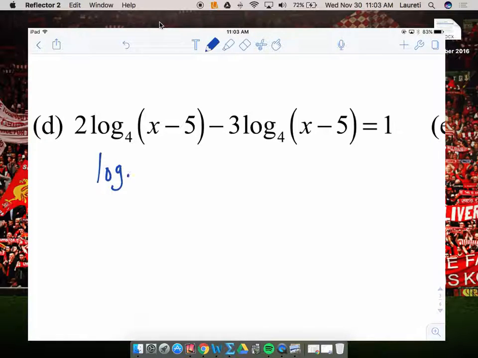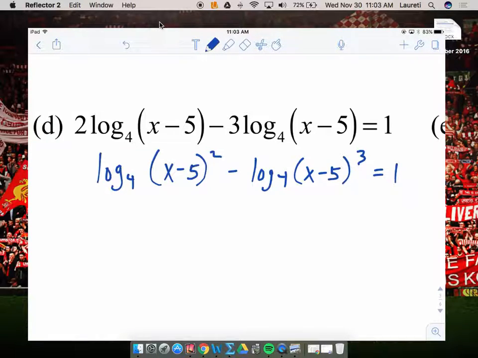So you have log base 4 of (x minus 5) squared minus log base 4 of (x minus 5) cubed. Right. Now, if you have the same log expression, and they're being subtracted, what can you do with this term and that term? Divide it, right? Good.